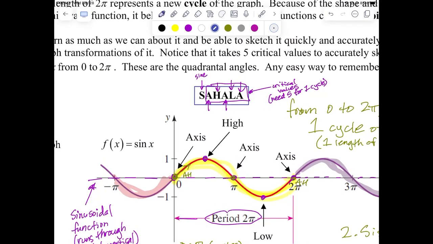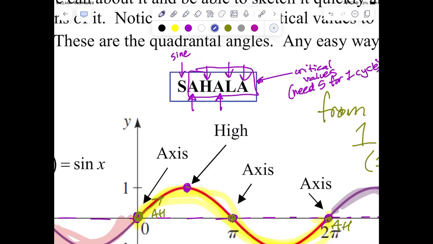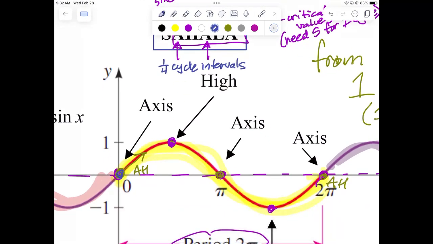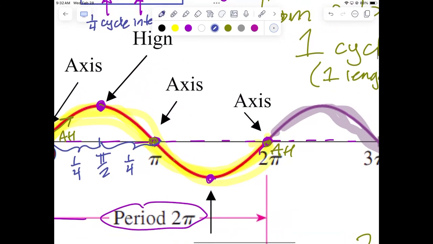Let me talk about that real quickly here. The Sahala method counts in quarter cycle intervals. So from 0 to pi halves, that's a quarter of the cycle. From pi halves to pi, that's another quarter of the cycle.